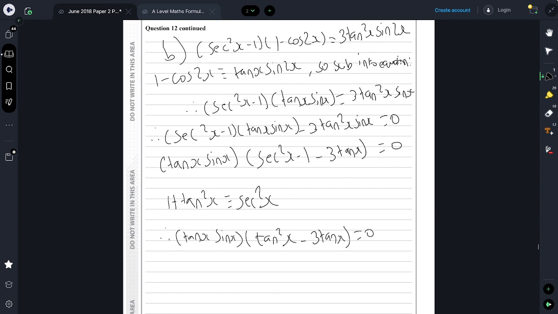And then I can factorize even more: tan x sine x of tan x minus 3 equals 0.